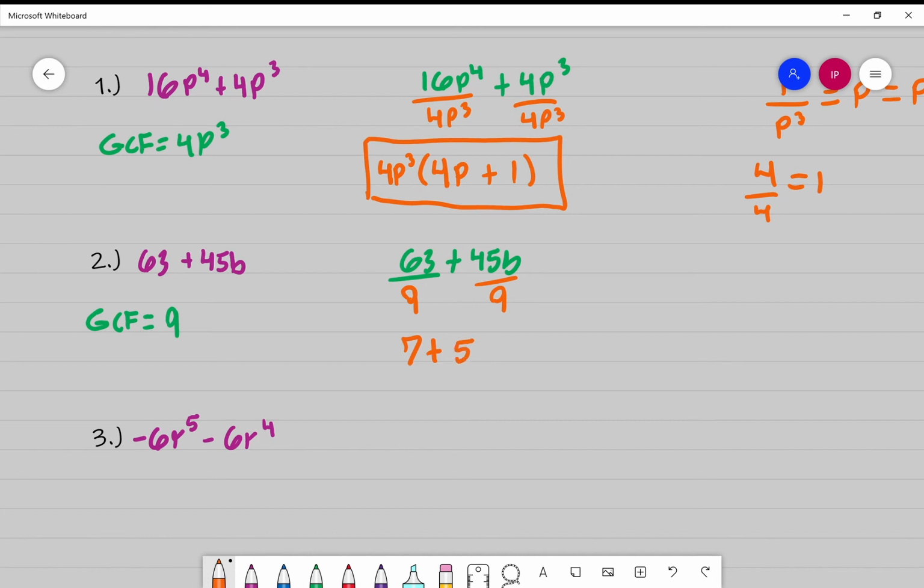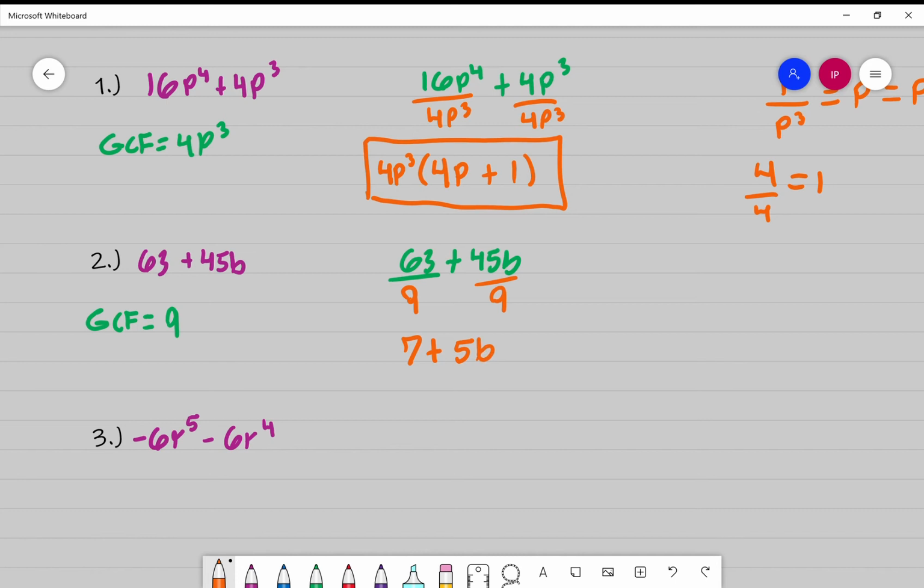But since we have that b, we have to include it, because when you divide 45 by 9, you still have that b attached to that 45. So whatever number you get from the division, you have to tack on that variable, which is b.